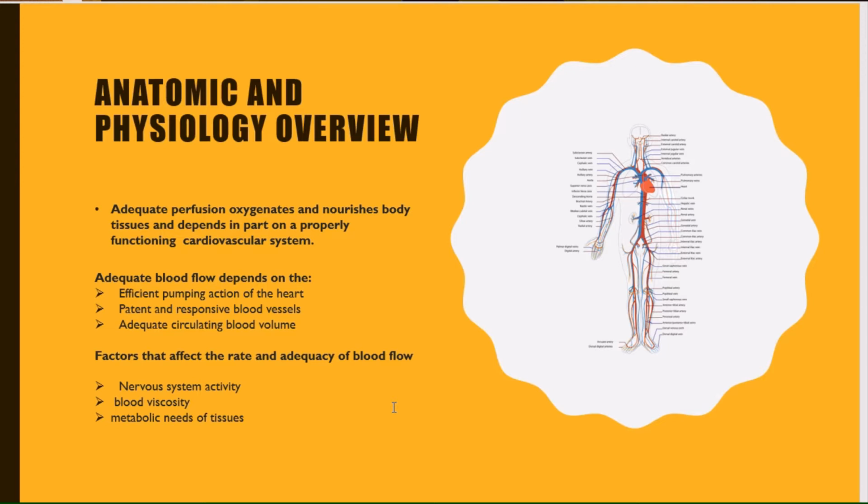Again, adequate perfusion depends on a properly functioning cardiovascular system, and adequate blood flow depends on an efficient pumping action of the heart, how efficiently the heart pumps. Sometimes the heart pumps weakly or slowly or sluggishly because of different disease processes such as congestive heart failure.